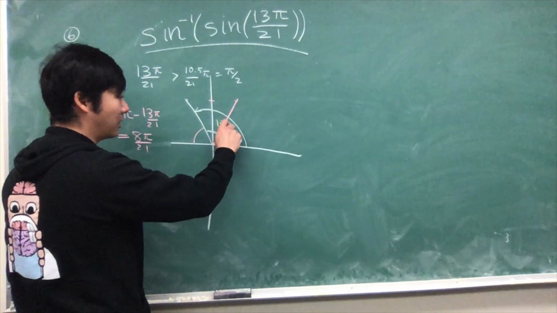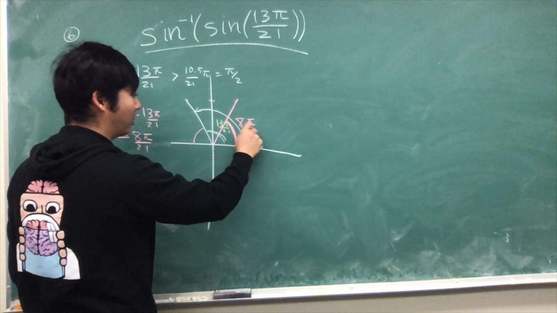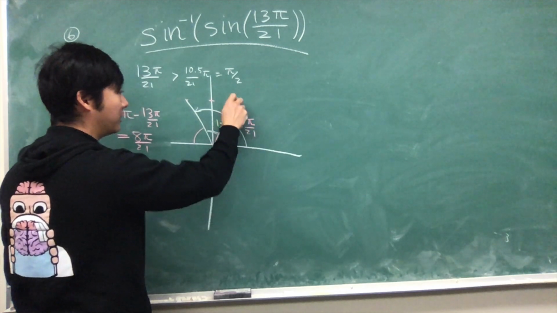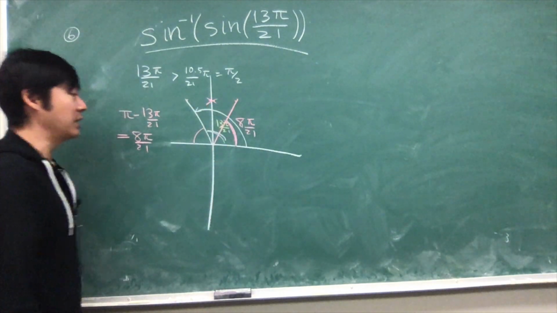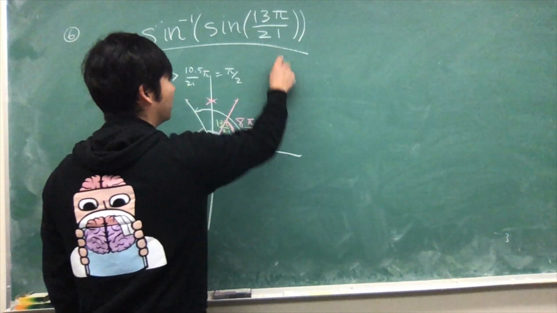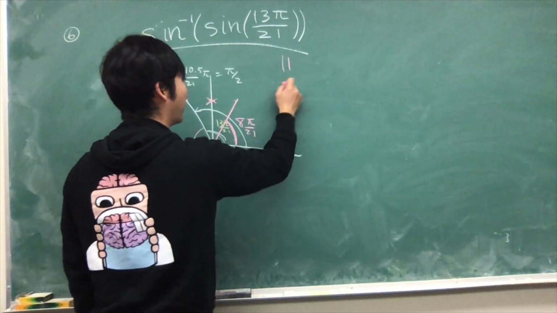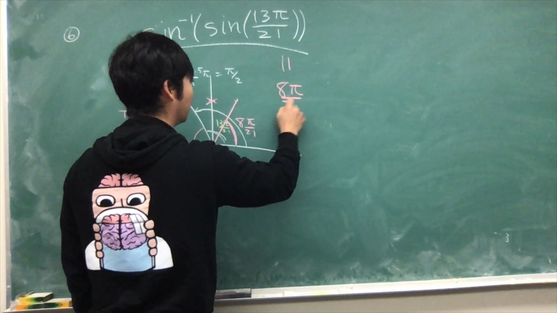So if we have 8 pi over 21 here, then that will end up being the same value. And so the answer to this question is 8 pi over 21.